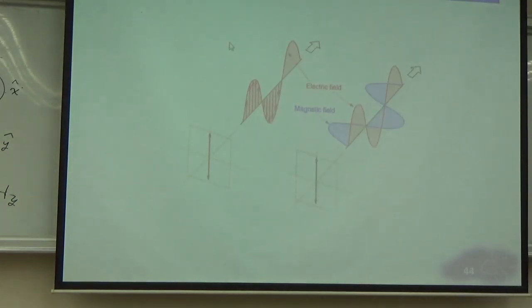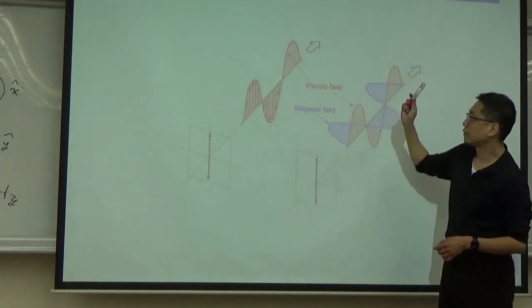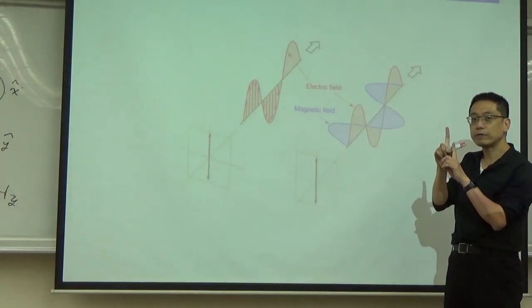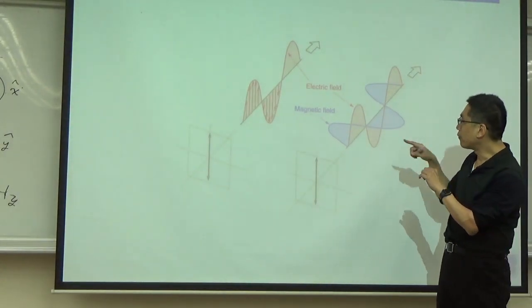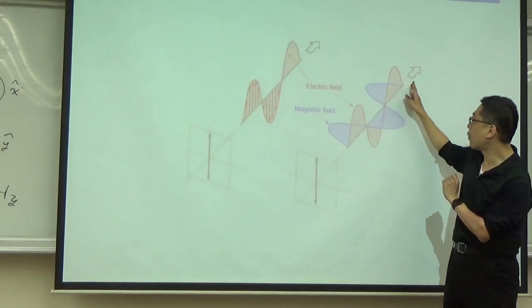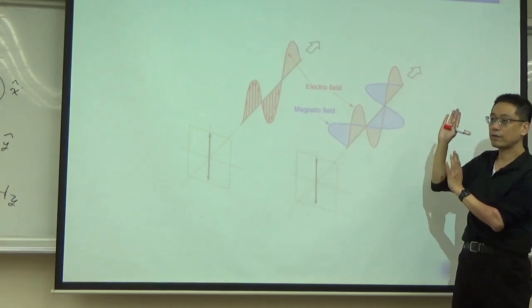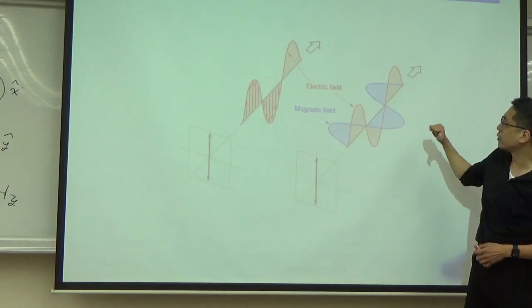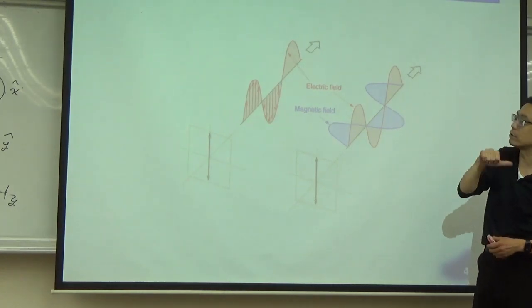So this is what happens in the real case. I explained a lot. If this is X, the red one, you have a field in the X direction. And the blue one is the direction of H, which is Y. And then your wave is propagating in the Z direction.